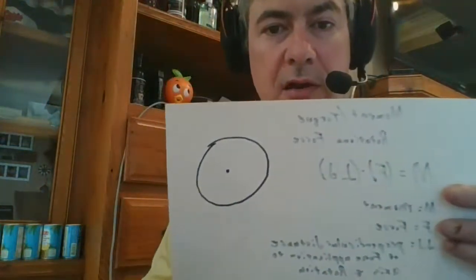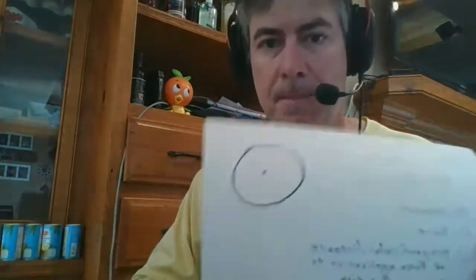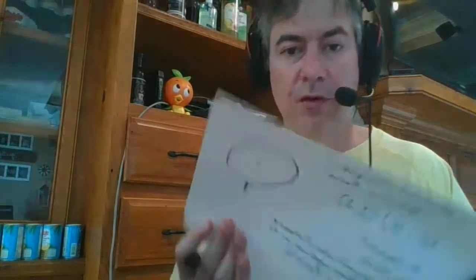So let me draw a picture here, and we're looking at the top of the merry-go-round, and it's an oblong merry-go-round. But if I'm going to spin the merry-go-round and make my boys happy, I do not want to apply my force here.